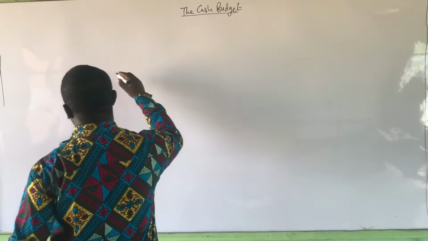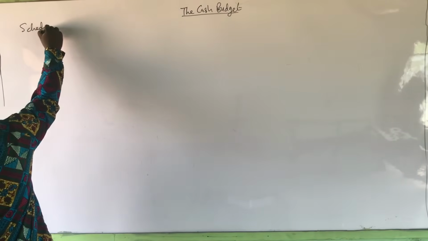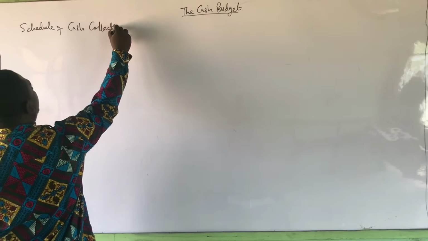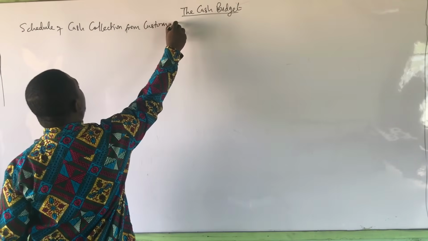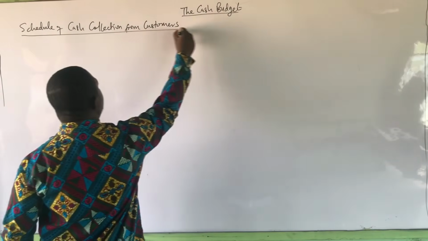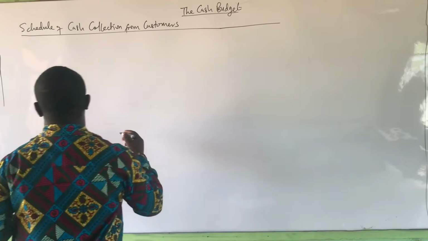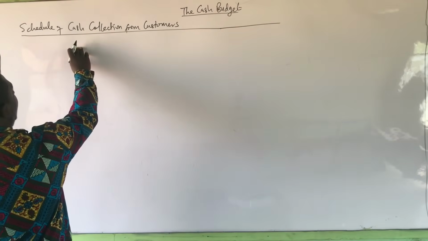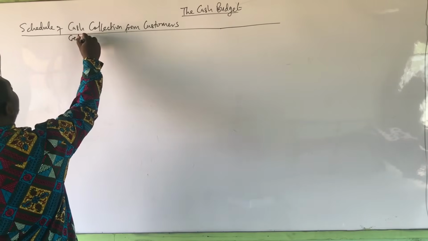And so let us look at how to prepare the cash collection schedule. We are going to prepare a schedule of cash collection from customers or debtors. I'll leave this space for the month narration, and I'll say credit sales for the month.